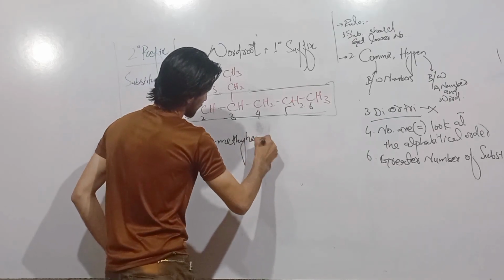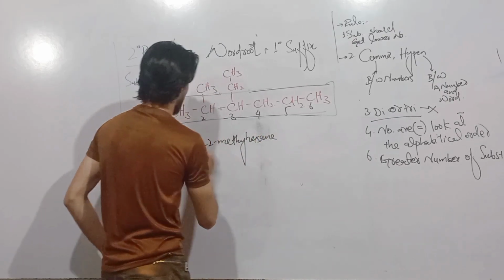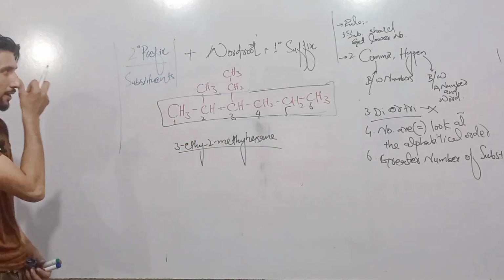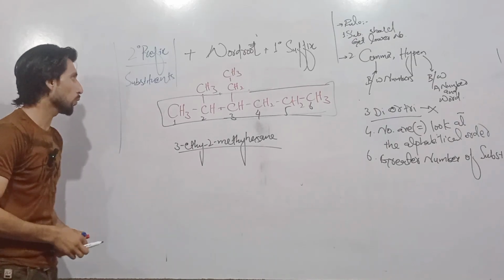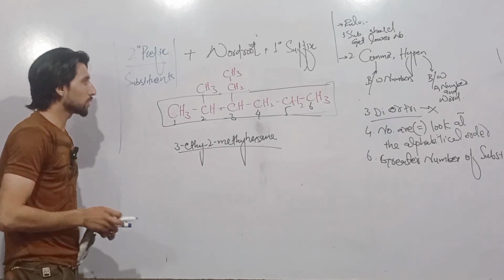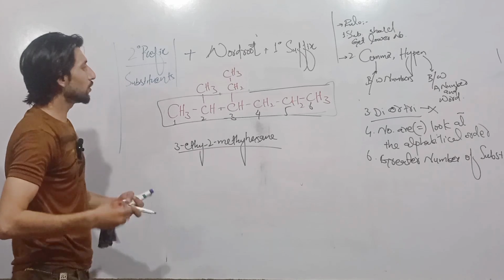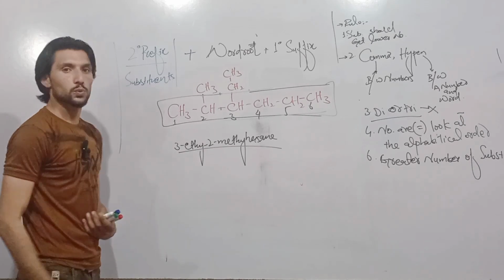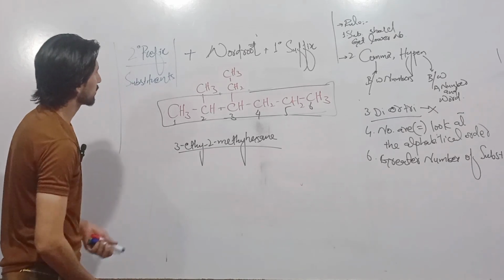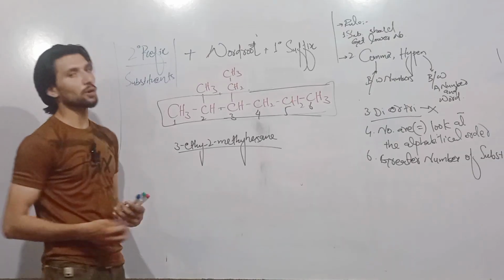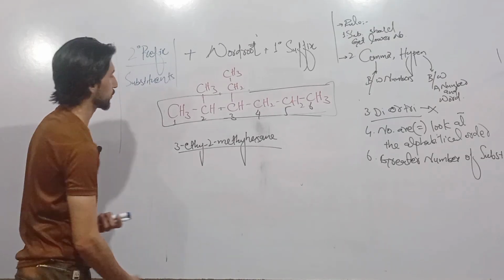Okay, I hope I have cleared up my point. Okay, now if there was a complex substituent, what will we do? Suppose there was a complex substituent. Now we'll discuss some rules for that too.